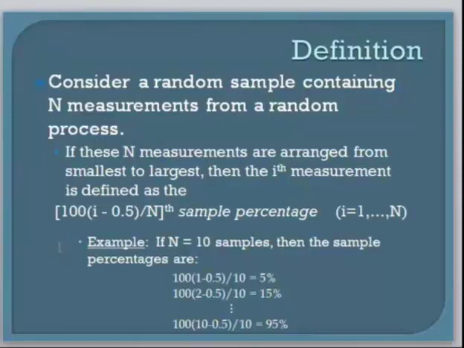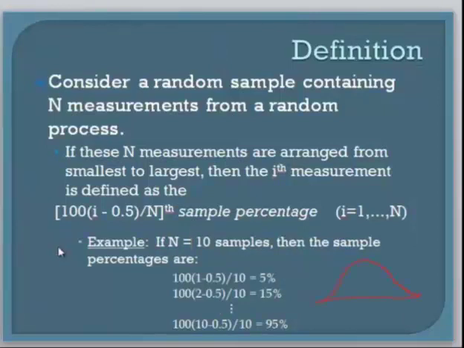For example, if we have 10 samples, then the ith measurements are, first i is 1, which gives us 5%, then i is 2, which gives us 15%, all the way up to 95%.